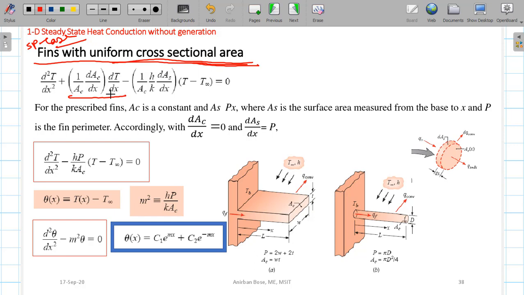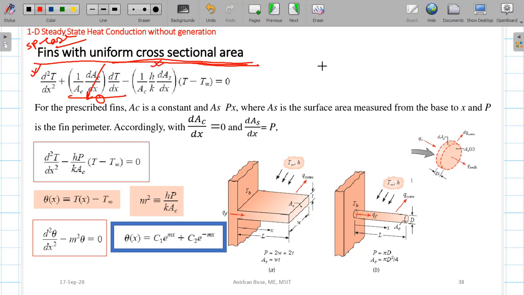So if the cross sectional area does not change, then dAc/dx is equal to 0, because the cross section is not a function of x, so this part is 0. Our differential equation only has the first term and the third term.